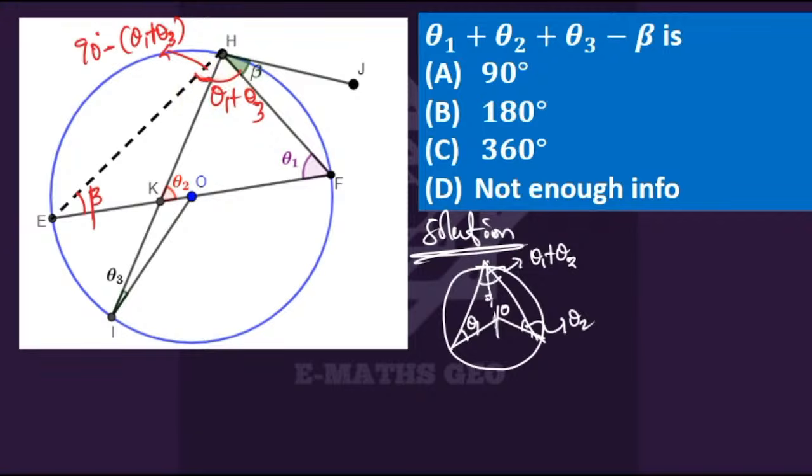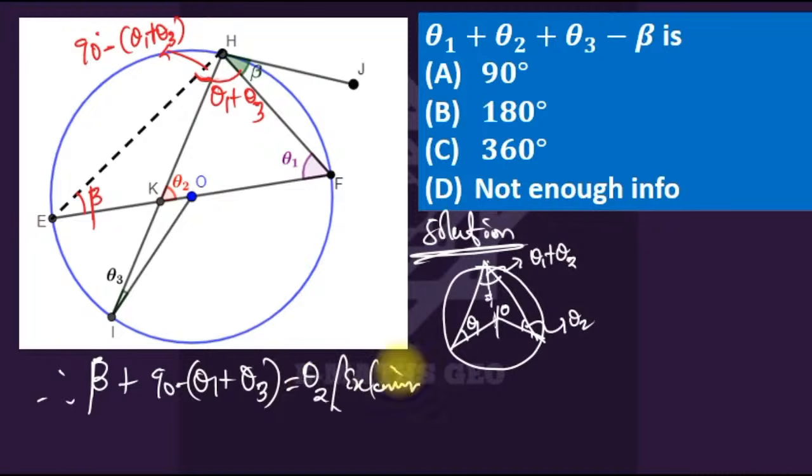You now see that from the exterior angle theorem, if you add beta and 90 minus theta 1 plus theta 3, it will always give us theta 2 by the exterior angle theorem.